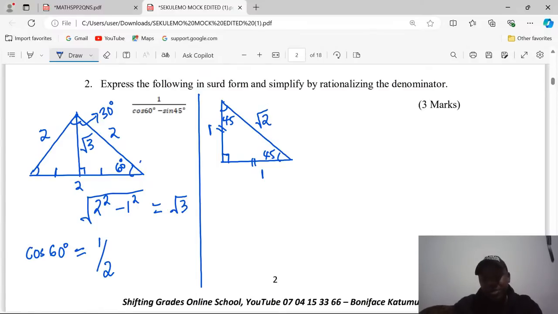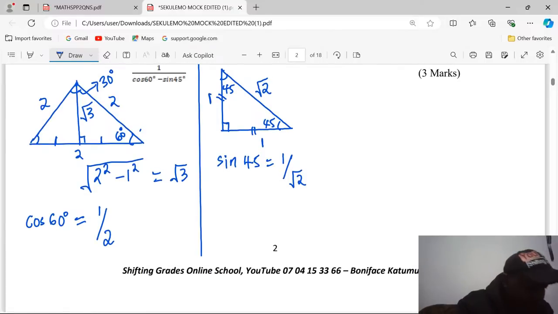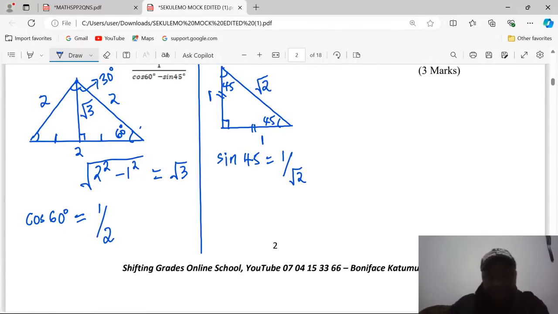And when the hypotenuse becomes the square root of 2, now we can say the sine of 45 is given by the opposite length of 1 out of the hypotenuse, square root of 2. So this is now sine 45 in surd form.